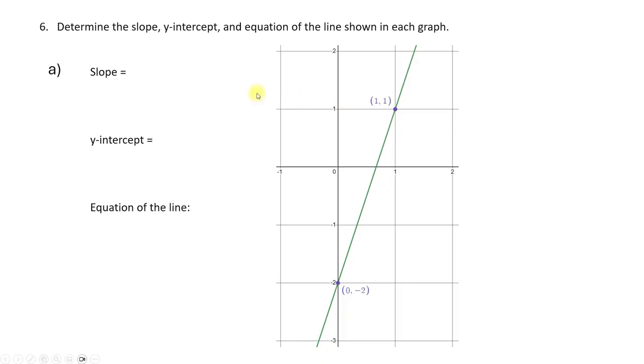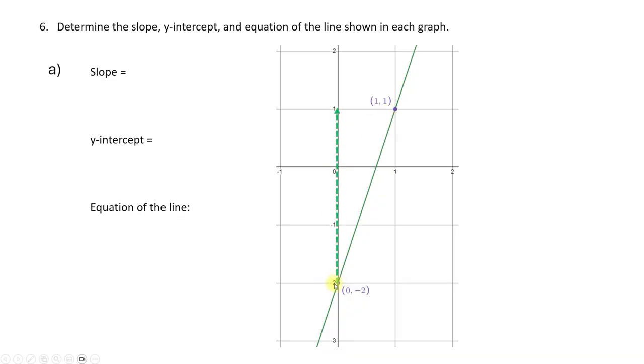Number 6, determine the slope, y-intercept, and equation of the line shown in each graph. Well, our slope is rise over run. So what we'll do is we have 2 points right here. These 2 points fall nicely and evenly on a coordinate. So all we need to do is find out what the rise is and the run.